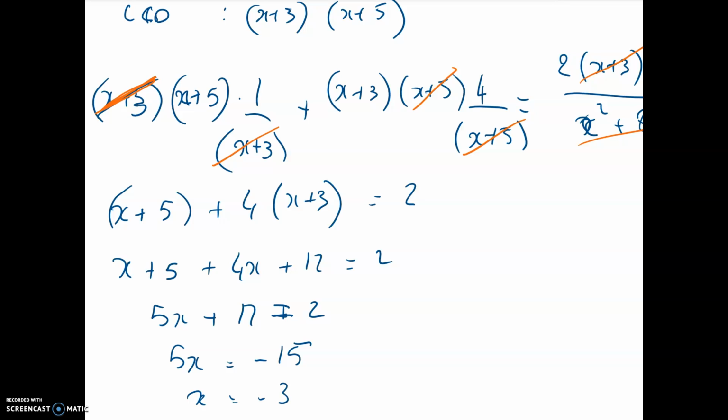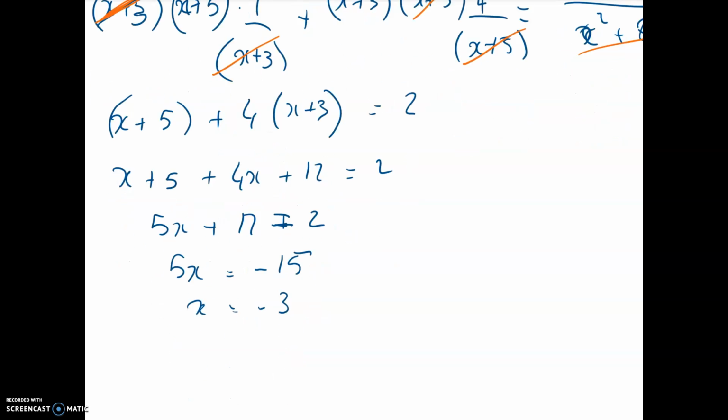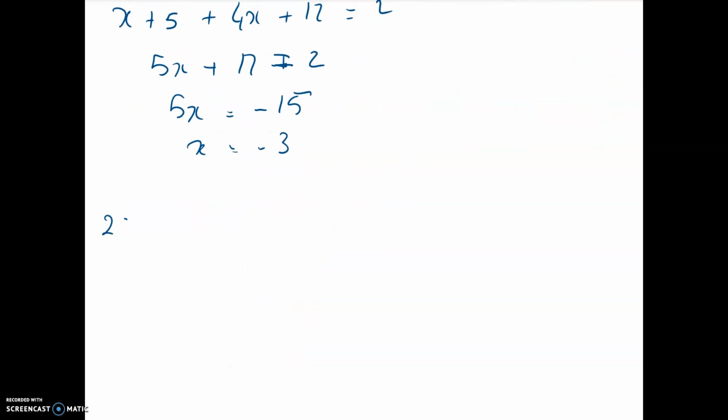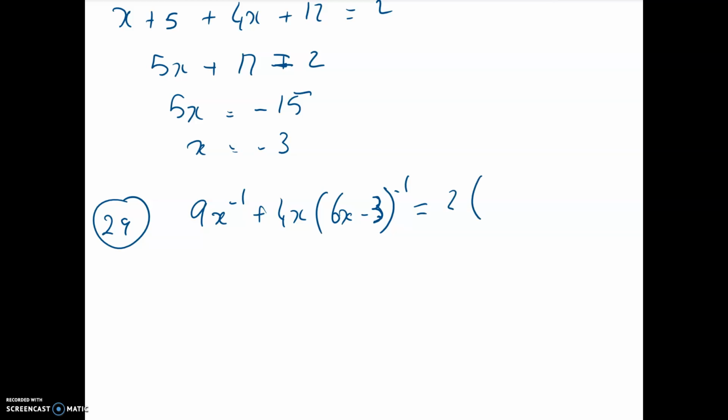Number 29, same idea, but the difference with problem number 29 is we end up with 9x to the negative 1 plus 4x times 6x minus 3 to the negative 1, equal 2 times 6x minus 3 to the negative 1. I would like to remind you that a to the negative n equals 1 over a to the n.